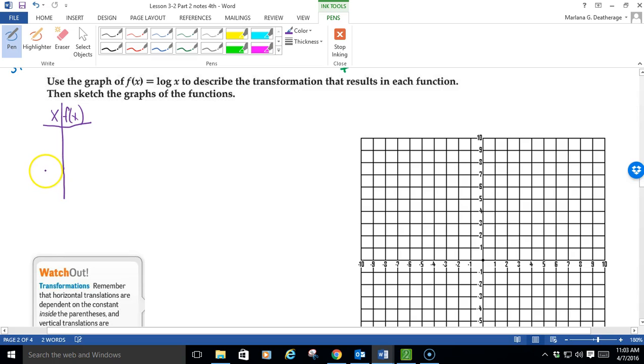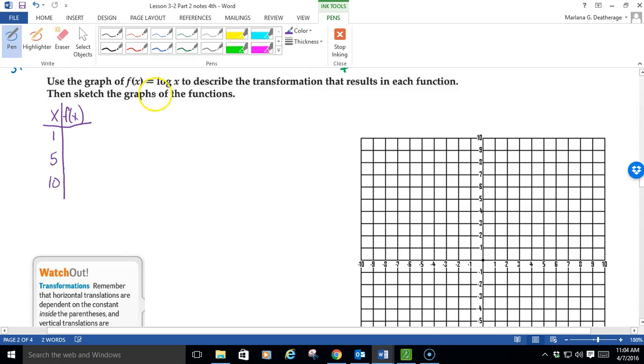We can't take logs of negatives. Okay? And you can't take log of 0 either. So it's going to have to be something greater than 0. So we'll start with 1. We're going to do 1, 5, and 10.